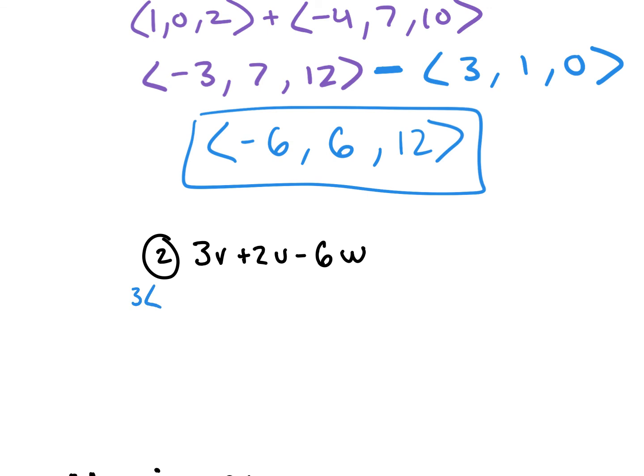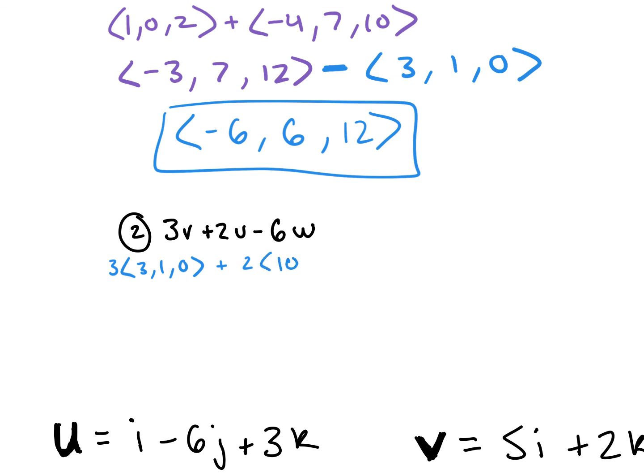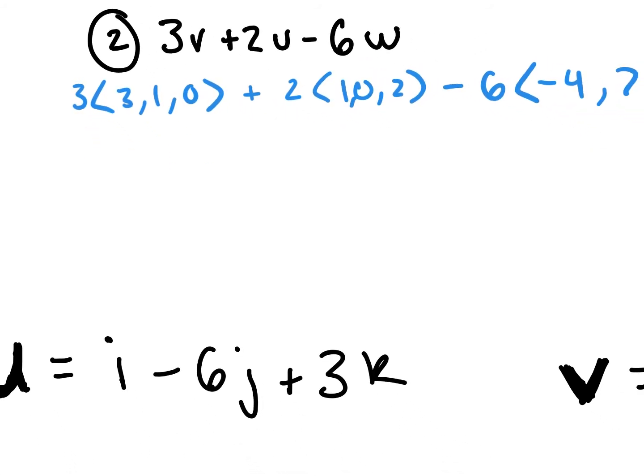So I have 3 times vector v, which is 3, 1, 0, plus 2 times vector u, which is 1, 0, 2, minus 6 times vector w, which is the same as before, because it's just 3 instead of 2. So this would be 9, 3, 0, 2, 0, 4.